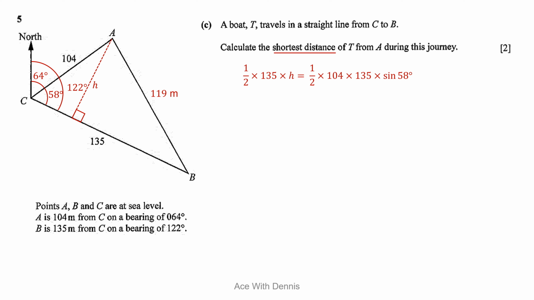So here's the equation: half times 135 times h equals half times 104 times 135 times sine 58 degrees. Next, simplify this equation. Half cancels with half, 135 cancels with 135, then it becomes h equals 104 times sine 58 degrees, which is 88.2 meters.